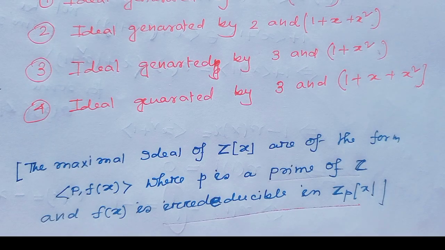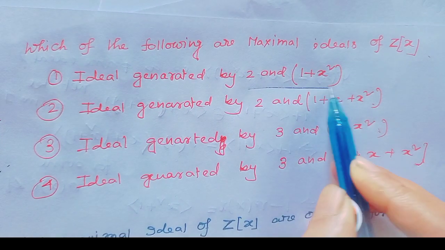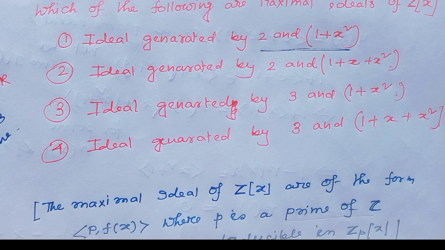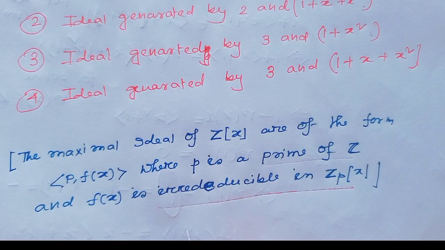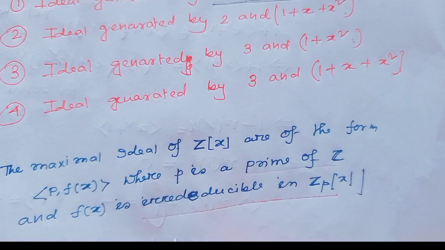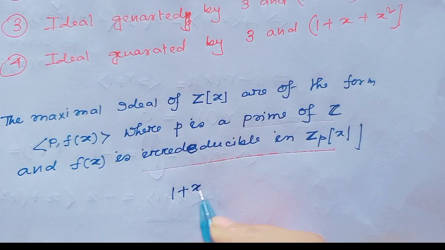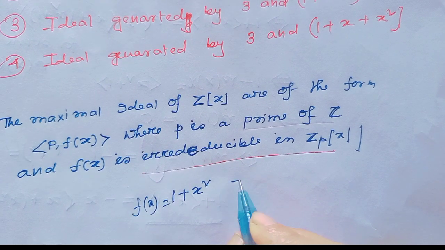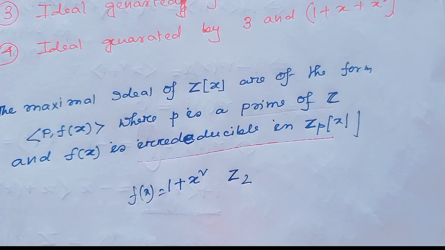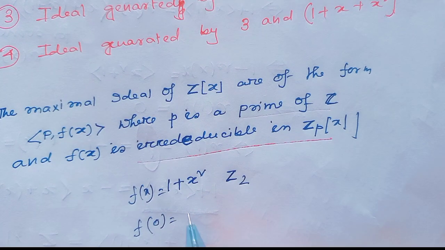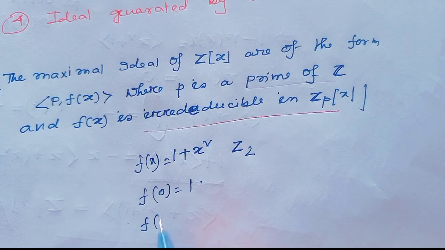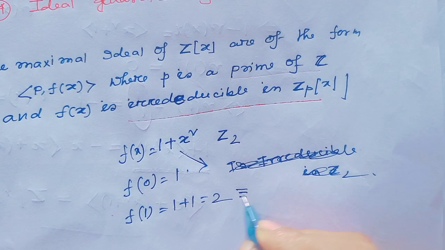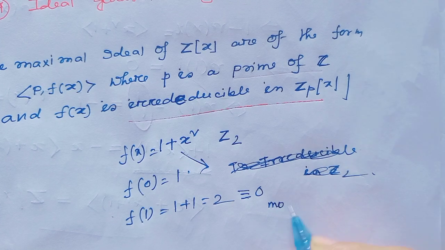Here notice, ideal generated by 2 and 1 plus x square. 2 is a prime number, and we have to find whether the polynomial f(x) equal to 1 plus x square is irreducible in Z2. Notice f(0) equals 1 and f(1) equals 1 plus 1, which is equal to 2. 2 is congruent to 0 modulo 2.